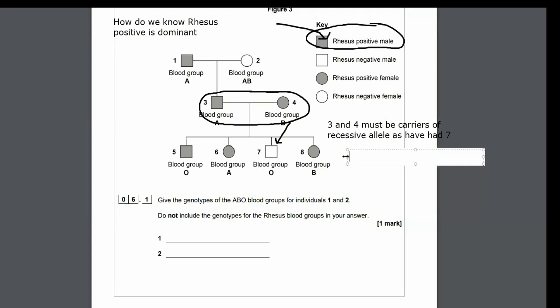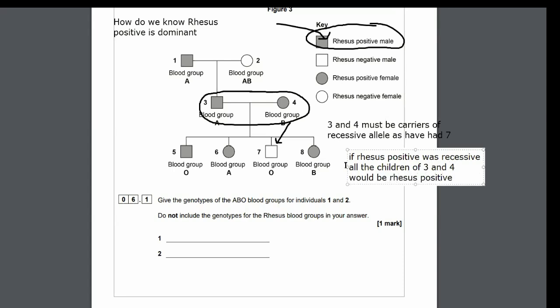So we know 3 and 4 are carriers of a recessive allele, which tells us that rhesus positive must be the dominant allele. And I like to go down the argument that if rhesus positive was recessive, then 3 and 4 could only have rhesus positive children.